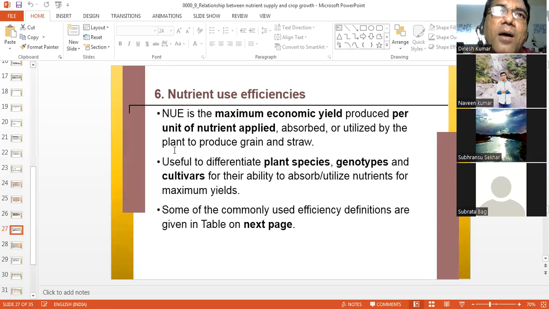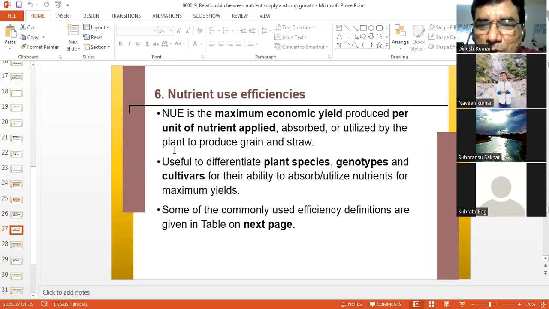Now people are researching QTL, certain QTLs. I don't know what QTL is. They are doing research at QTL level, and now this subject has entered fully into genetics or biotechnology. So if you want nutrient use efficiency, they are dealing at gene level.